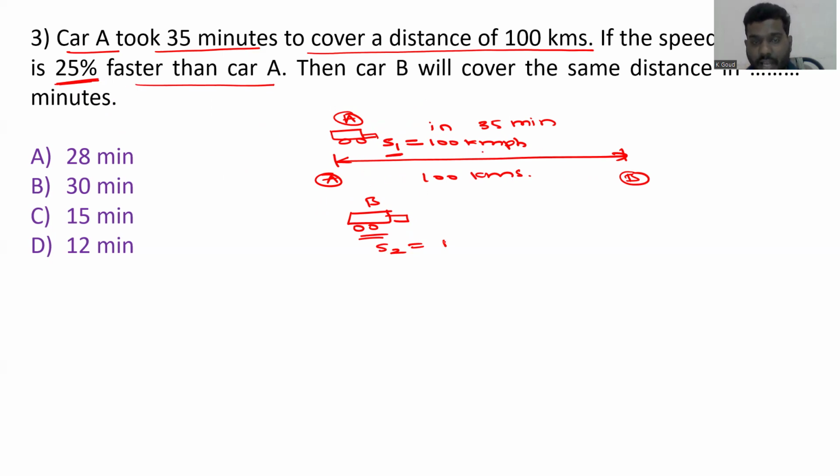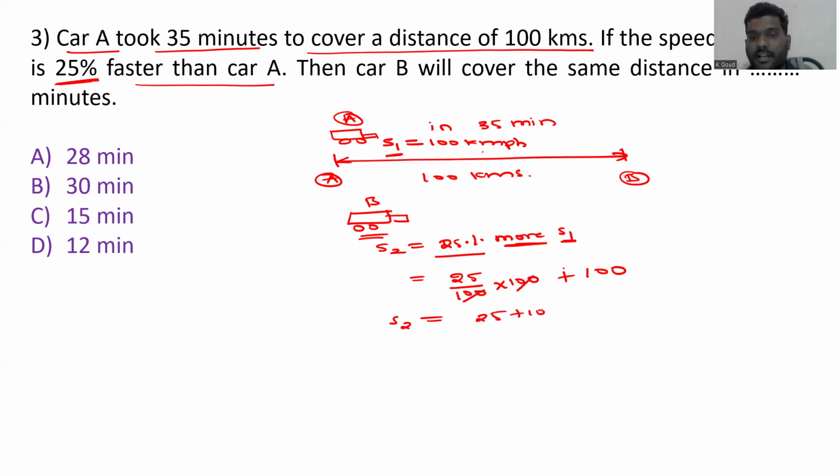See, 25% more than S1 means convert 25% into a value. 25 by 100 into 100, plus, since more means plus the S1 value, how much? 100. So speed 2 will become 25 plus 100.